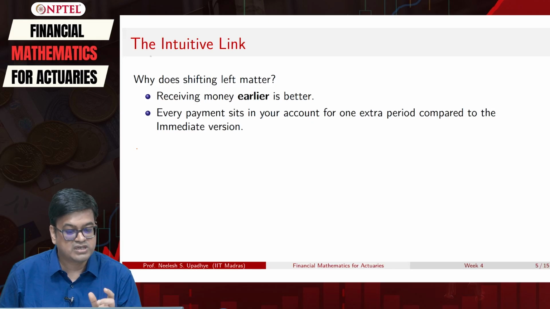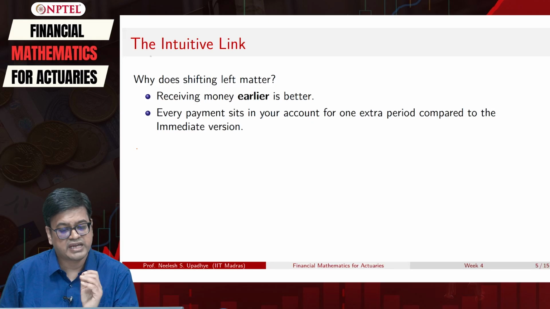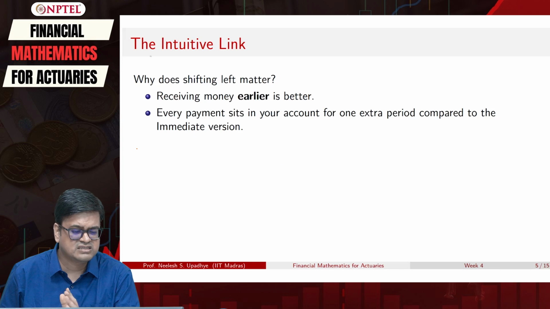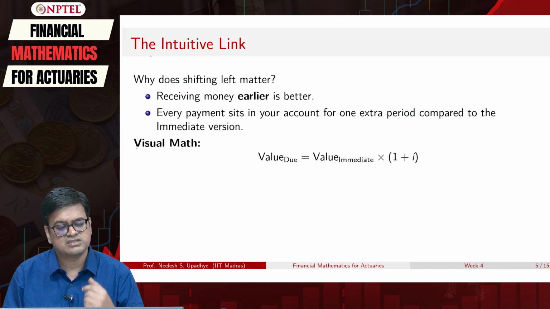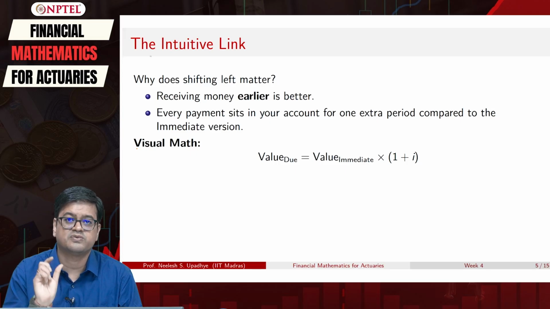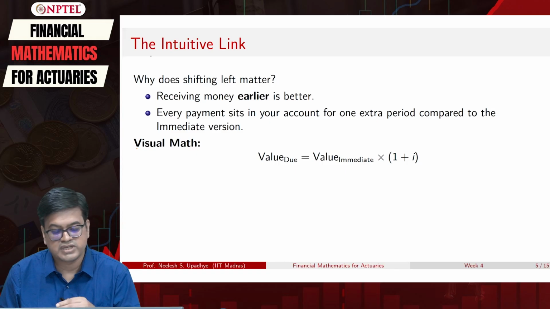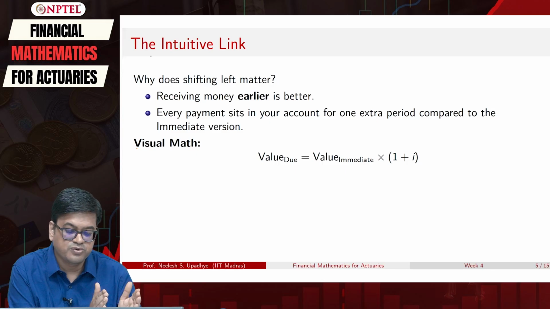So if I use this one extra period, can I establish a link between annuity immediate and annuity due? The answer is yes, of course, because what is happening is just that money is sitting for one extra period. So I will earn the interest for that one extra period. Whatever value I get for the immediate, if I make it sit for one extra period in my bank account, the value due will come.